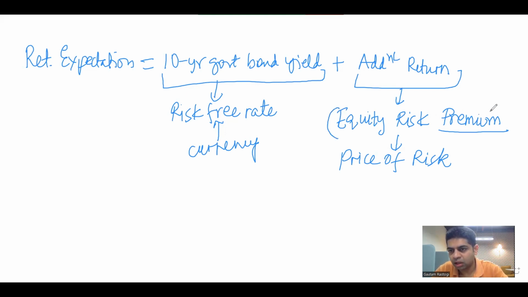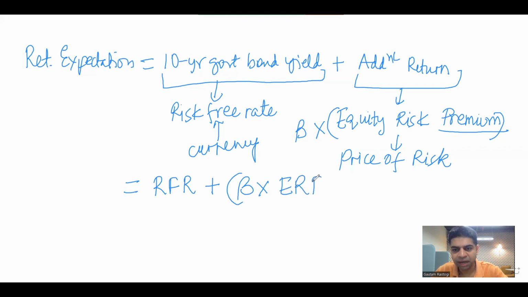So what we do is we scale this by something which is called beta. Let me write it here, and I'll explain this obviously. The return expectation of an investor investing in a company operating in the equity market is risk-free rate plus beta times equity risk premium.